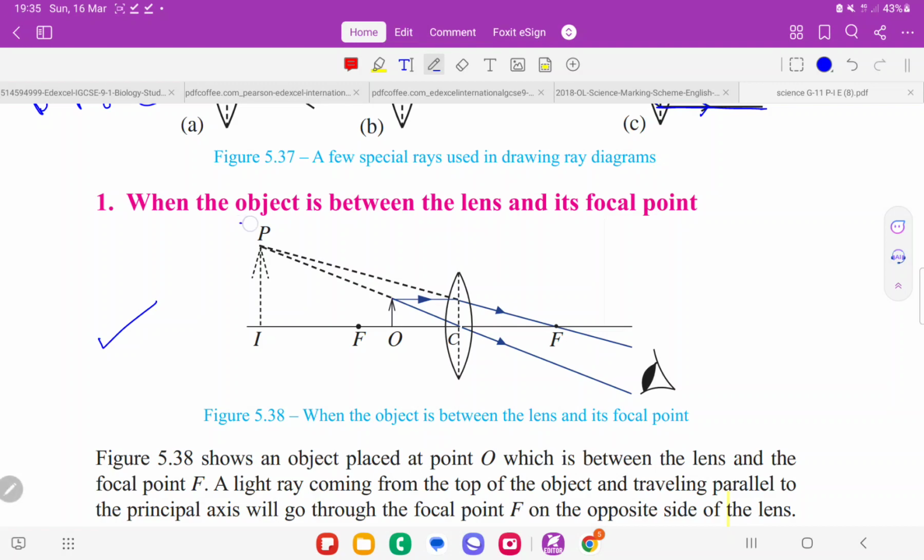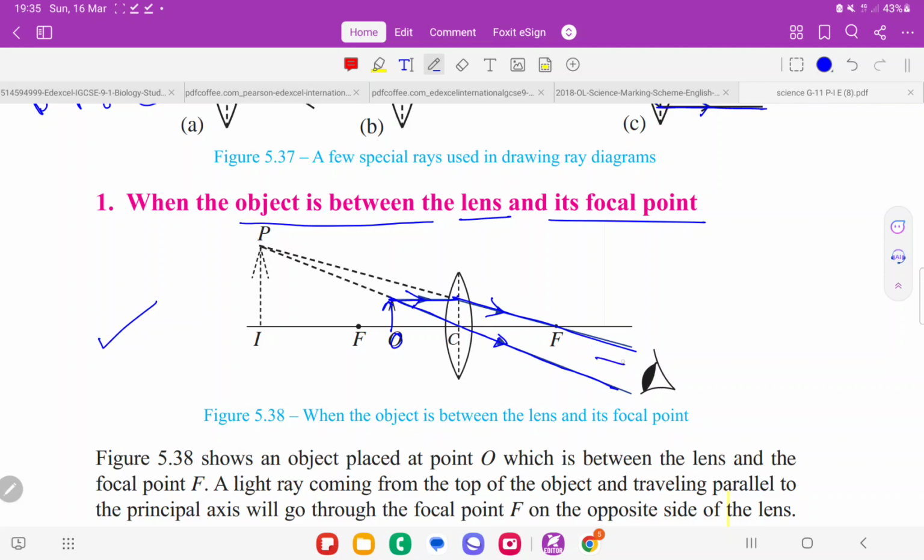First one is object between lens and its focal point. Here is the object. One light ray is drawn parallel to the main axis and goes through the focal point, and the other goes through the optical center, not refracting.